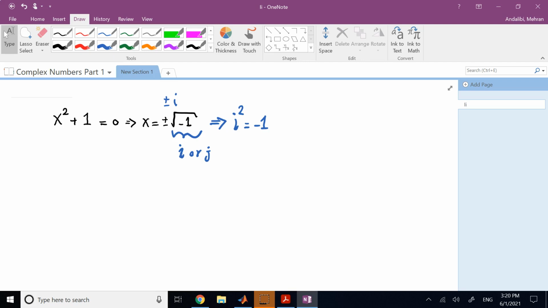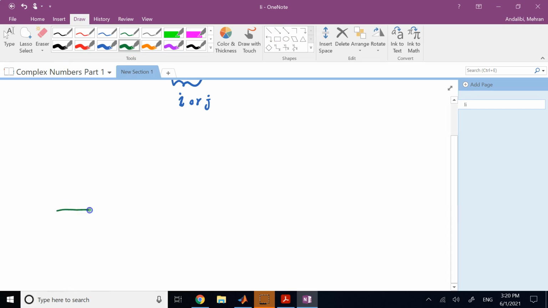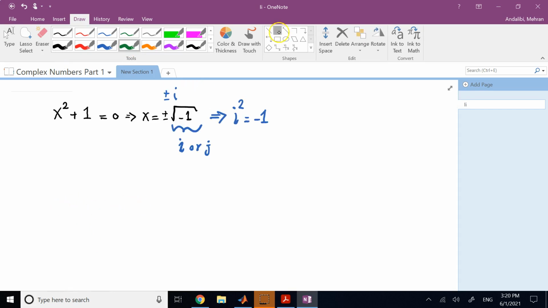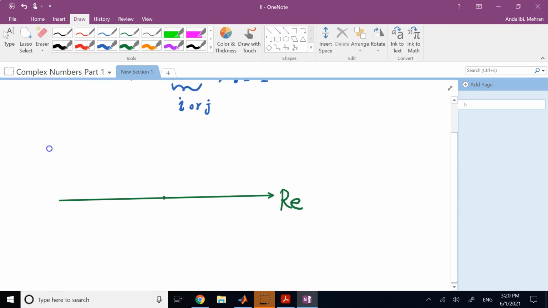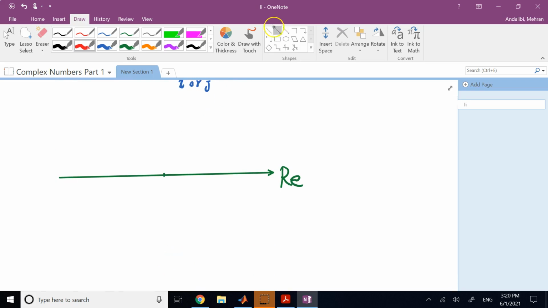Okay? So then they said, complex numbers are like 2D versions of real numbers. So if you imagine what we had in real numbers was one axis, correct? That was the real axis, and it goes to positive infinity, negative infinity. Somewhere here is 0. Now they said, why don't we add a secondary axis that is perpendicular to this real axis?